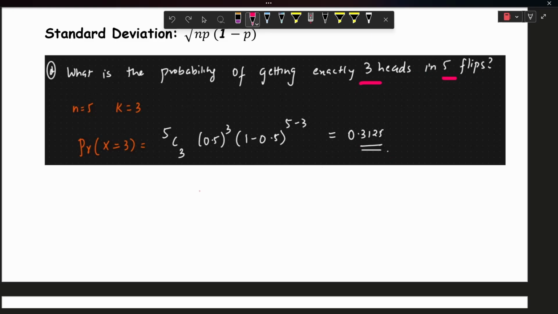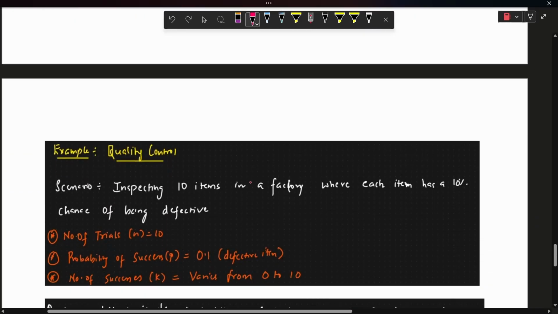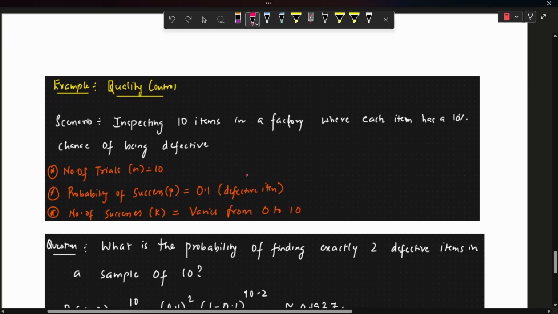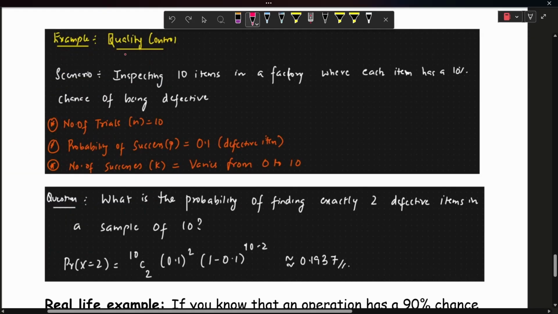Like this we can calculate the probability in our day-to-day life as well. So let's see a real world example where you need to do a quality check. You are inspecting 10 items in a factory where each item has a 10% chance of being defective.